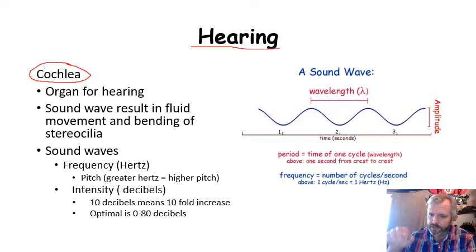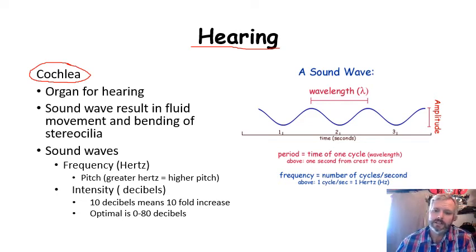We translate it into fluid movement in the inner ear, and then we'll get the bending. Again, we're going to have stereocilia, just like we did with our vestibular apparatus. We're not going to have the kinocilium in the cochlea, but we still have those hair cells, and the sound waves are ultimately going to be translated into bending these hair cells, these stereocilia.